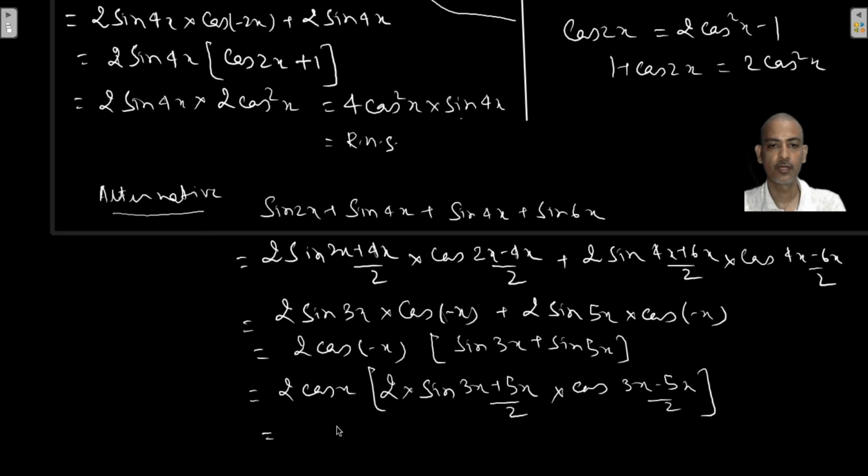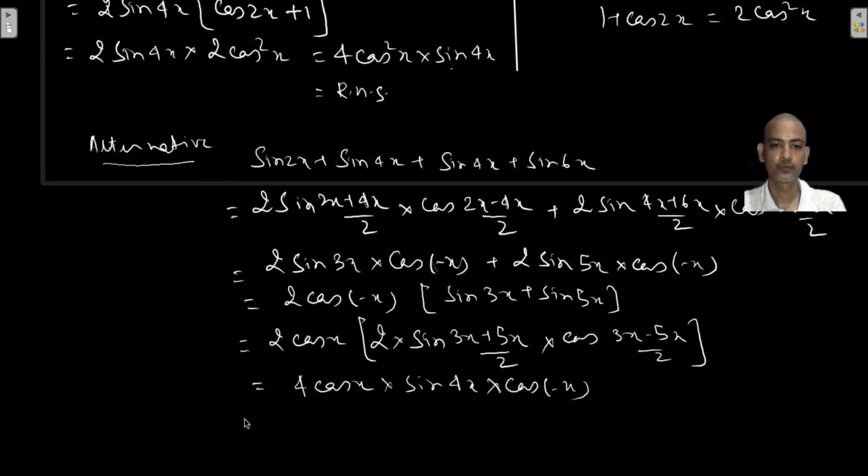So now we are left with 4 cos x, I took 2 outside, and sin of (3x plus 5x)/2 is sin 4x into cos of minus x. In this next step we are left with 4 cos square x into sin 4x, because cos of minus x is again cos x.